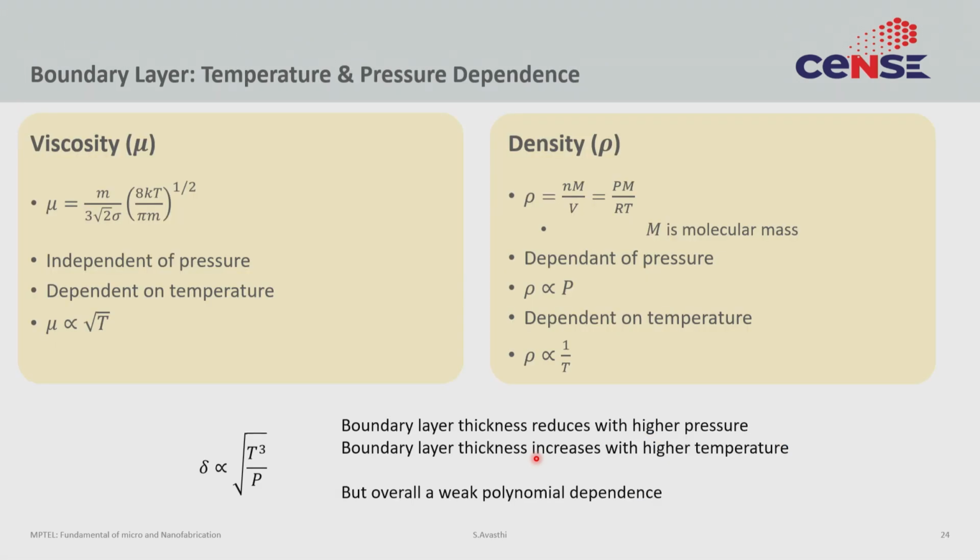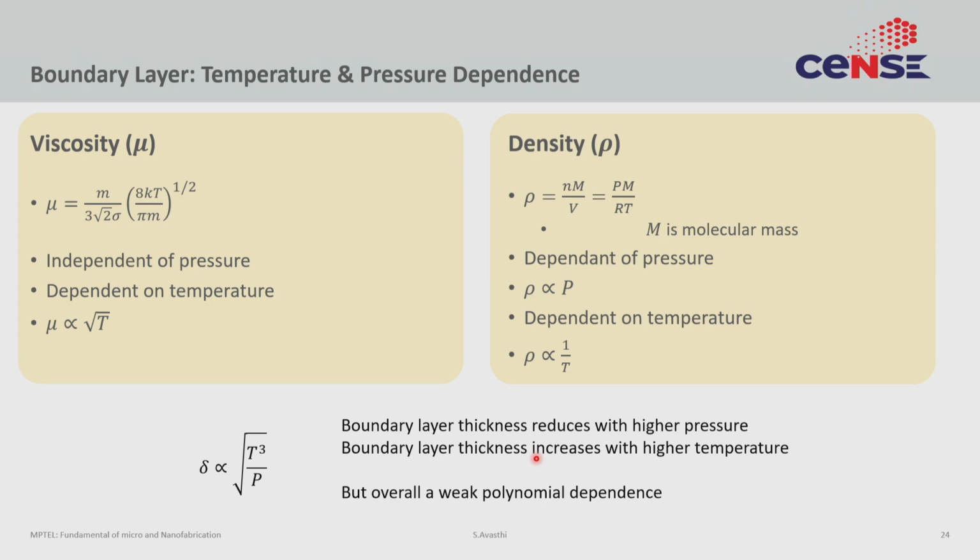The viscosity and density of a liquid are slightly different from viscosity and density of a gas. So, typically viscosity mu, if you assume kinetic theory of gases, is given by this formulation, and the density is given by that formulation. In both cases, they are temperature dependent quantities.